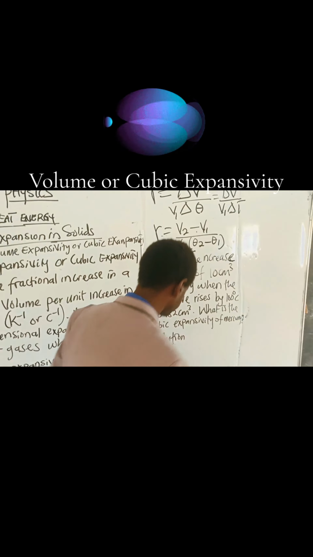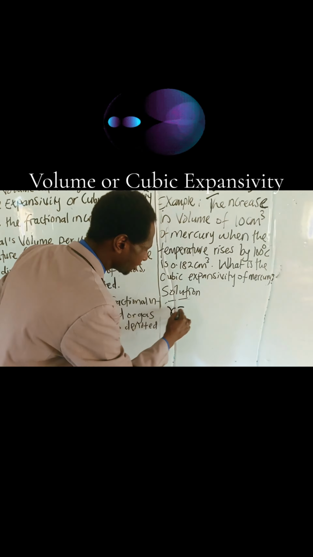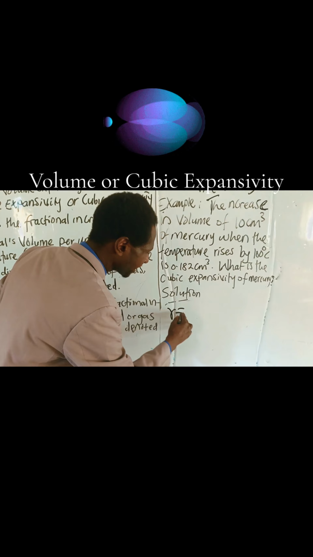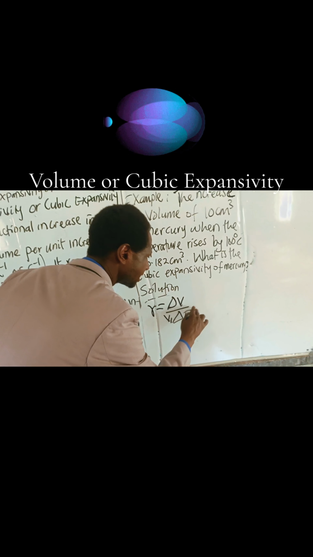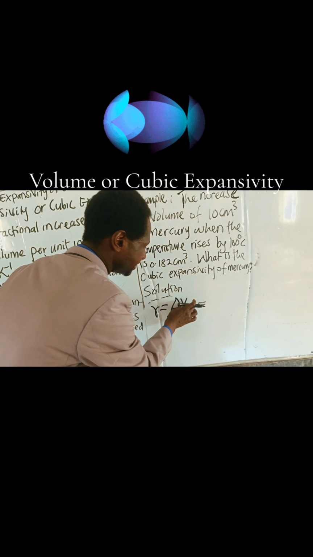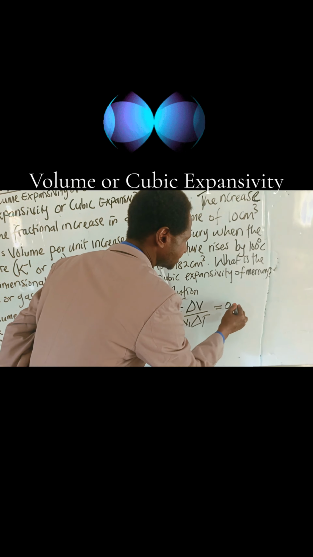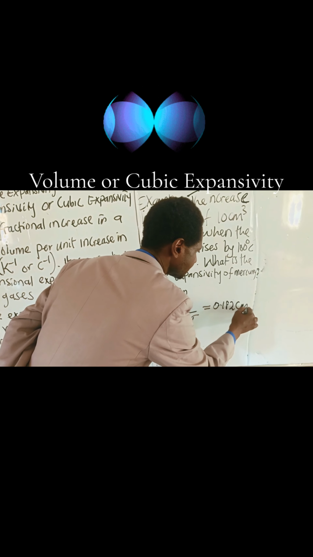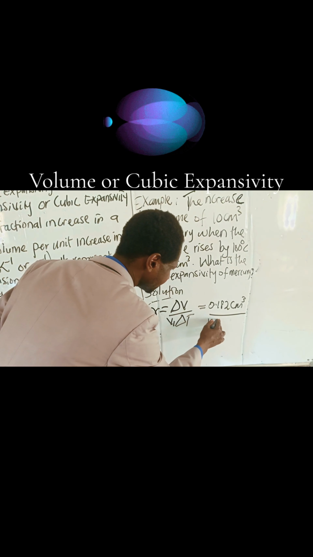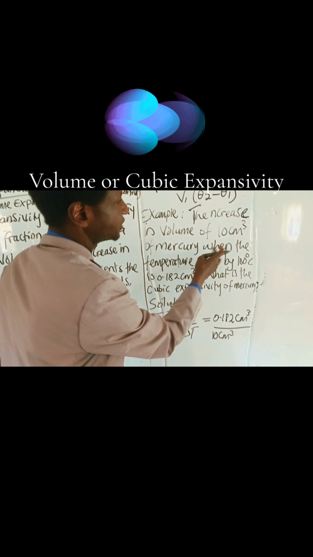Now the solution. The cubic expansivity of the mercury is equal to, applying the formula, delta B all over B1 delta T. The change in volume is 0.182 cm cube, all over B1, which is volume number 1, 10 cm cube, and delta T, the change in temperature, is 100 degrees Celsius.